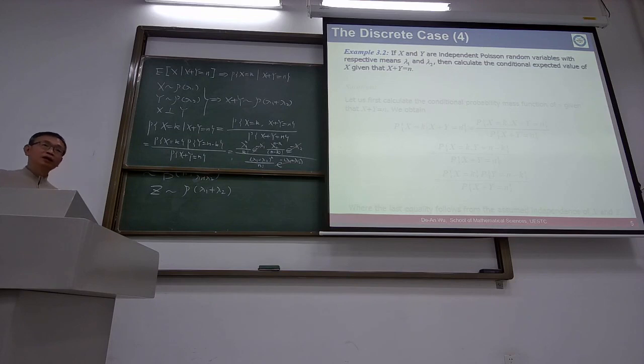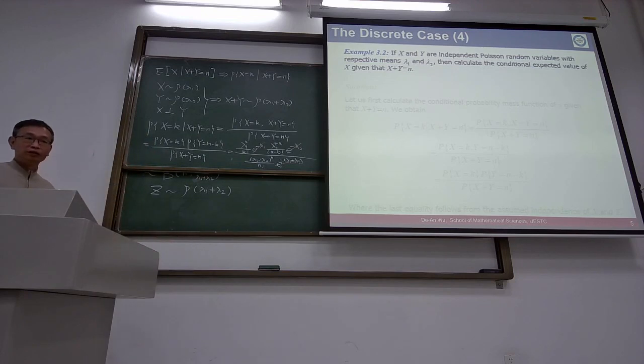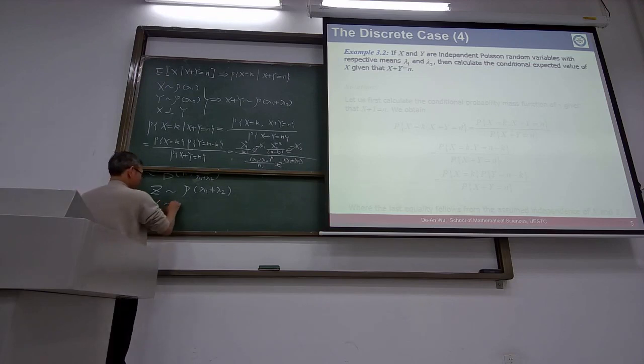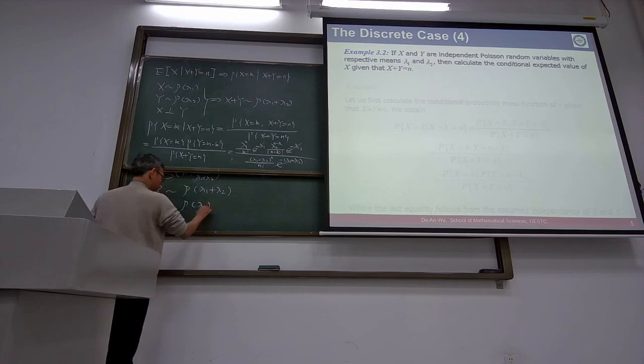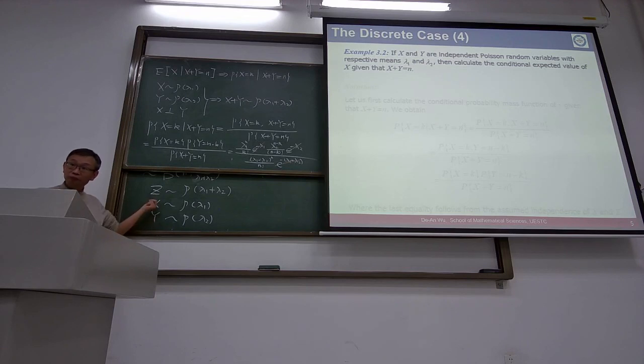And the male and the female that enter the bookstore follow X and Y. Male and female add up to the total number of customers in the bookstore, which is Poisson.